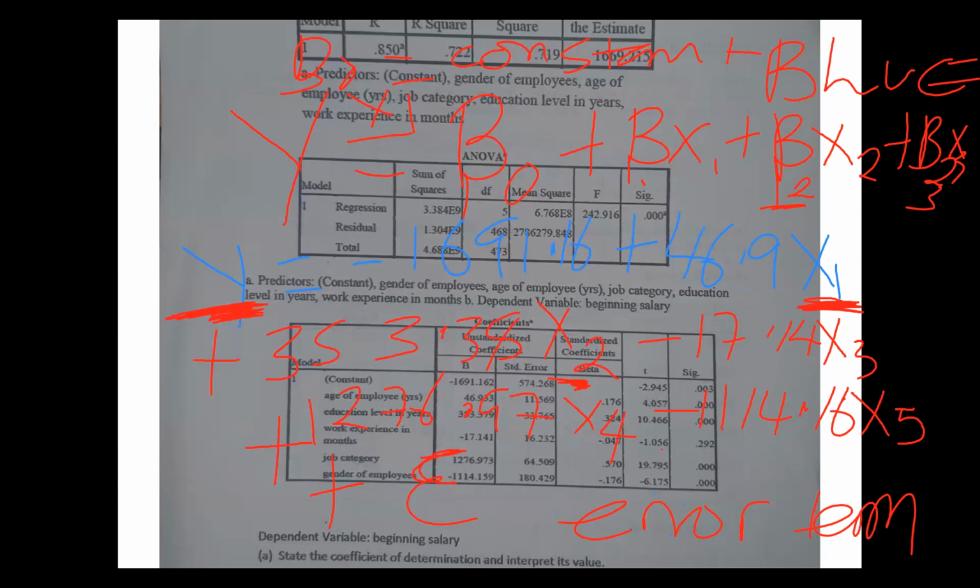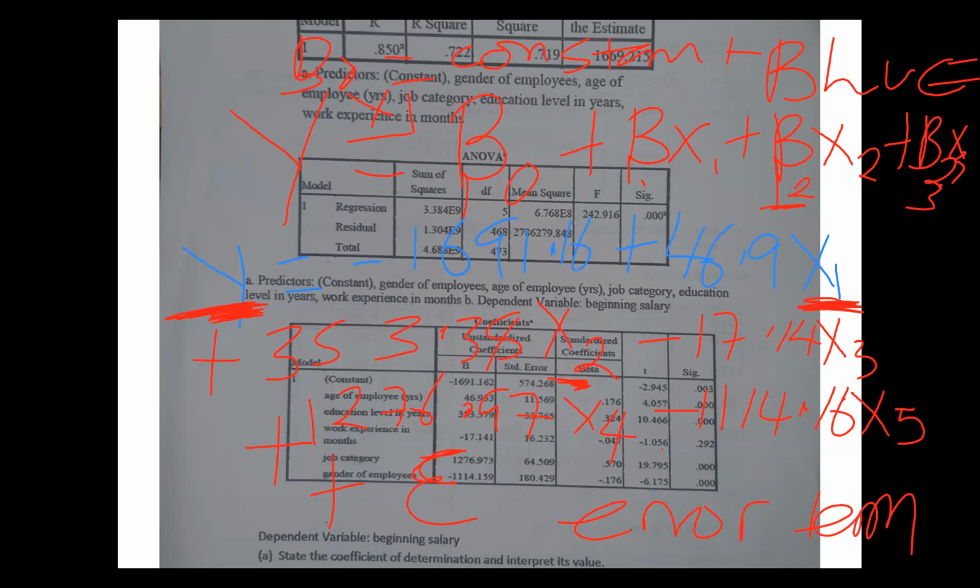We assume that there is no multicollinearity between these independent variables. Multicollinearity simply means correlation between the independent variables themselves. We talked about the correlation between the independent variable and the dependent variable.